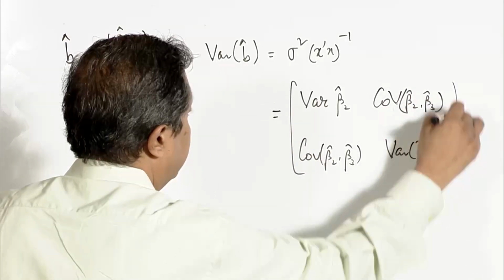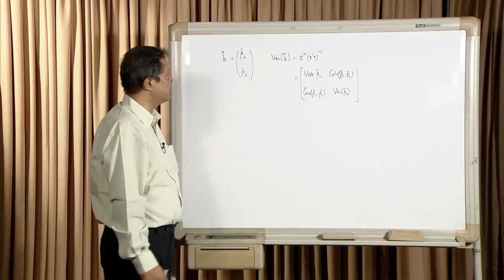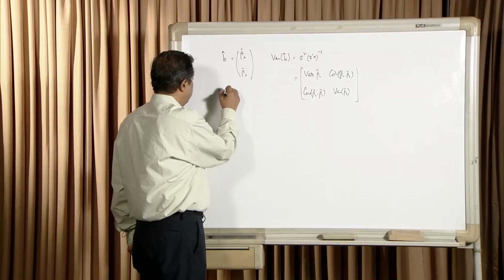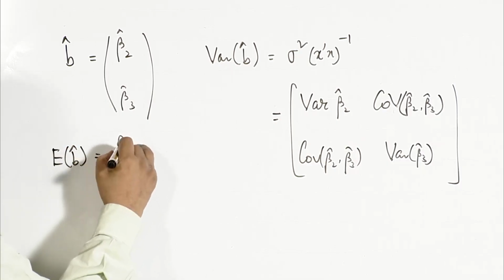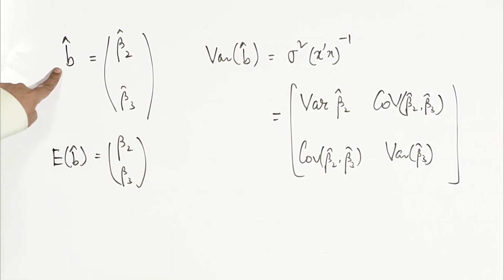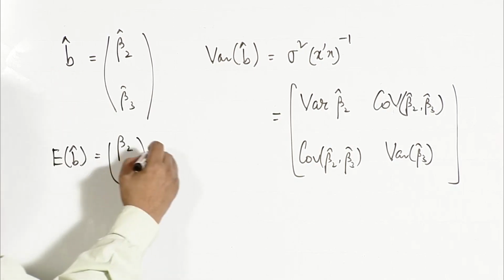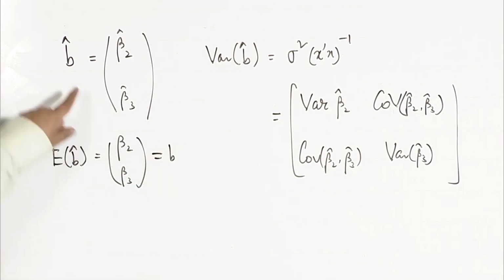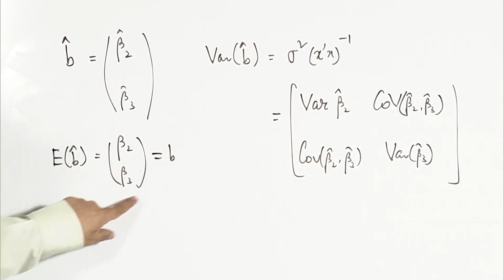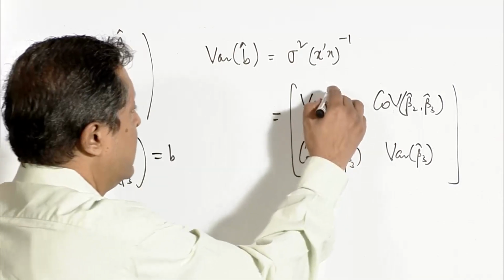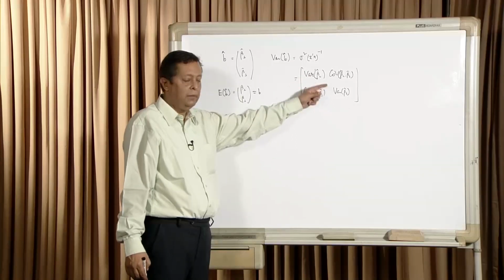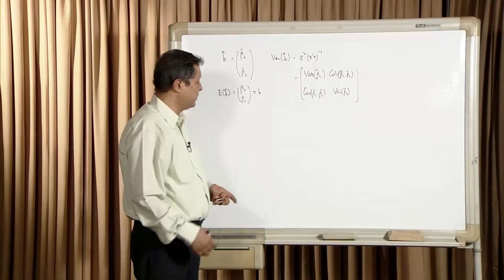So, that is the variance covariance matrix, and we know that expectation of b hat is equal to beta 2, beta 3. Therefore, b hat follows a normal with mean b, which is beta 2 beta 3, and variance covariance given by this matrix. We will take up each term at a time, and then we will go to the generalized version.